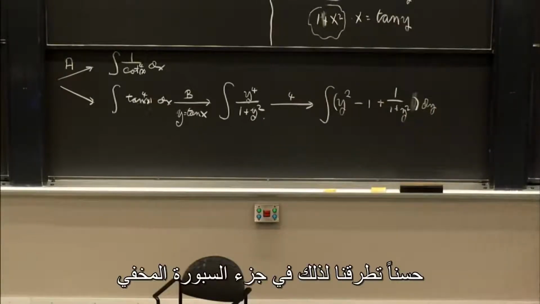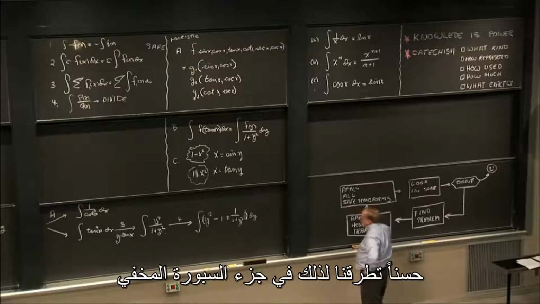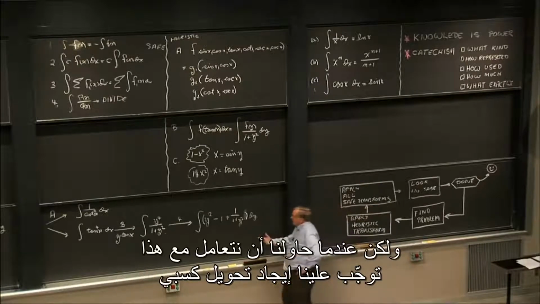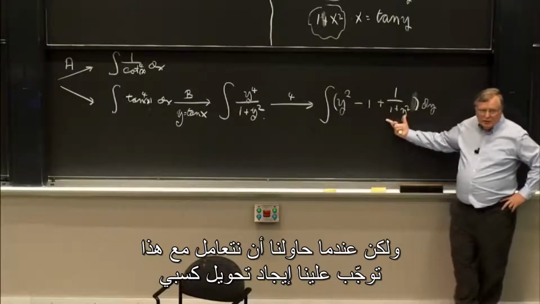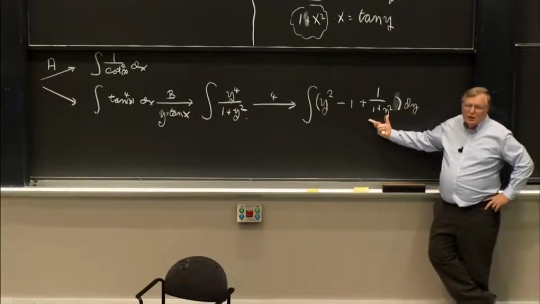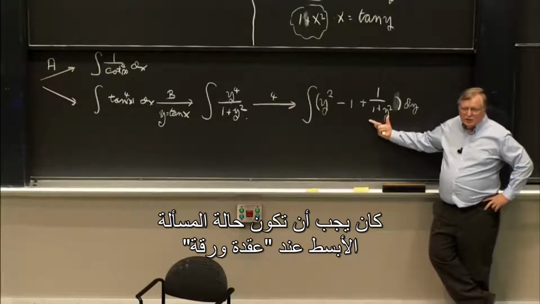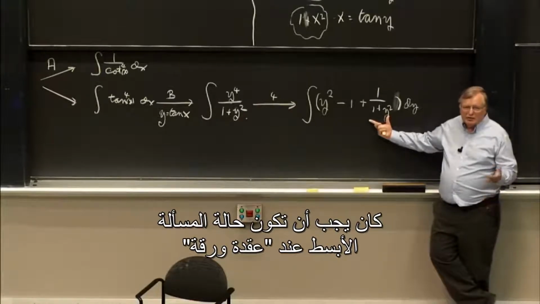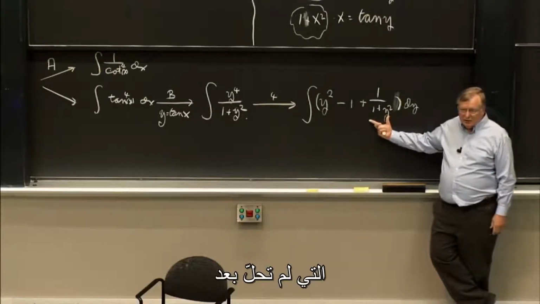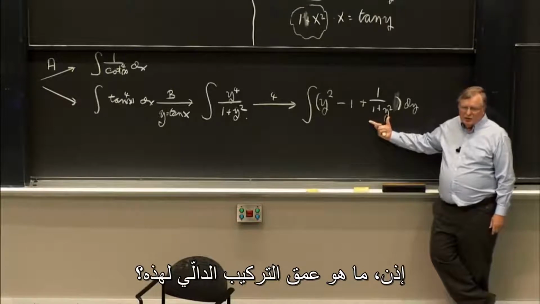Well, we got to that in a board that's disappeared, but when we tried to deal with this, we had to find a heuristic transformation. And when we decided to work on this, it must have been the case that this was the simplest problem at a leaf node that has not yet been solved. So what's the functional composition depth of this? It's 3.